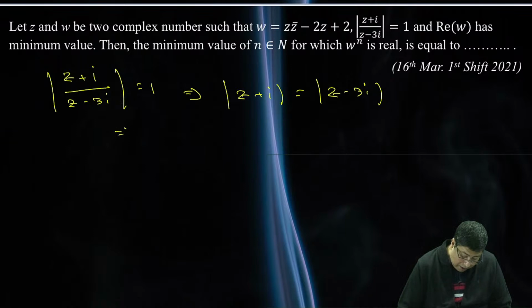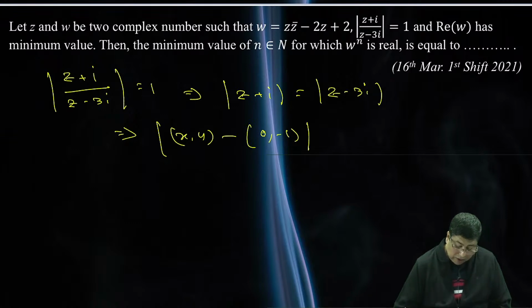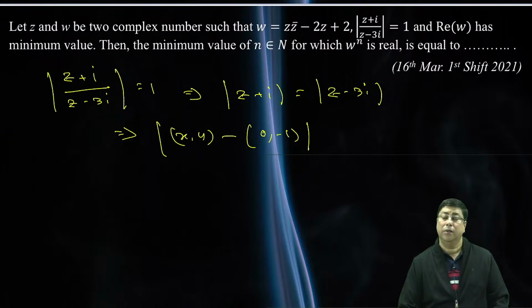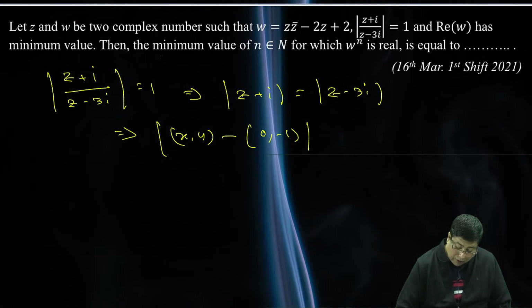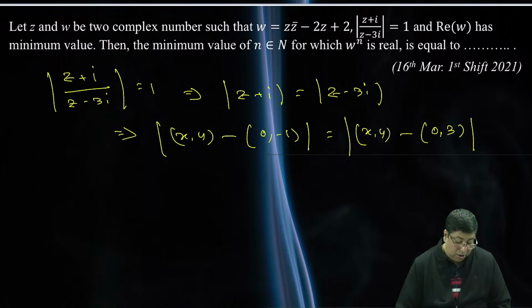The distance of any x, y, that is z, to 0 comma minus 1 equals the distance of any x comma y to 0 comma 3. It means the locus of z is the perpendicular bisector of the line segment joining 0 comma minus 1 and 0 comma 3.